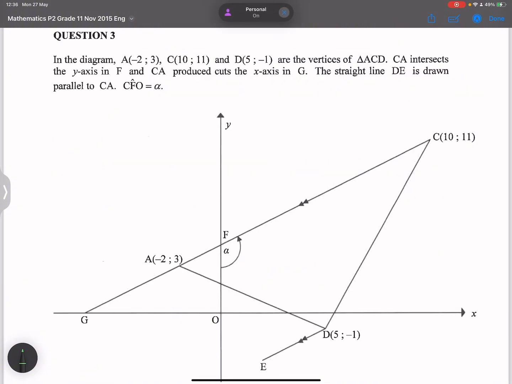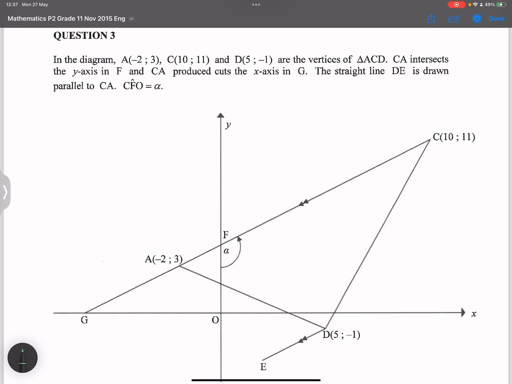Let's look at question 3. They say in the diagram, we've got A, which is -2 and 3, C, which is 10 and 15, and D, which is 5 and -1, are the vertices of triangle ACD. They say that CA intersects the y-axis at F, and CA produced cuts the x-axis in G. Please note that when they say it's produced, they simply mean it makes a straight line.